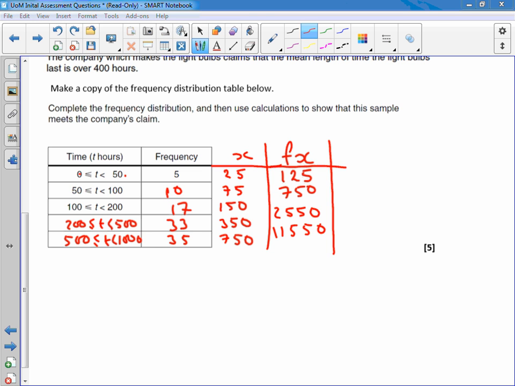And 35 times 750 gives me 26,250. And no, I wasn't doing those in my head. I pre-calculated them.